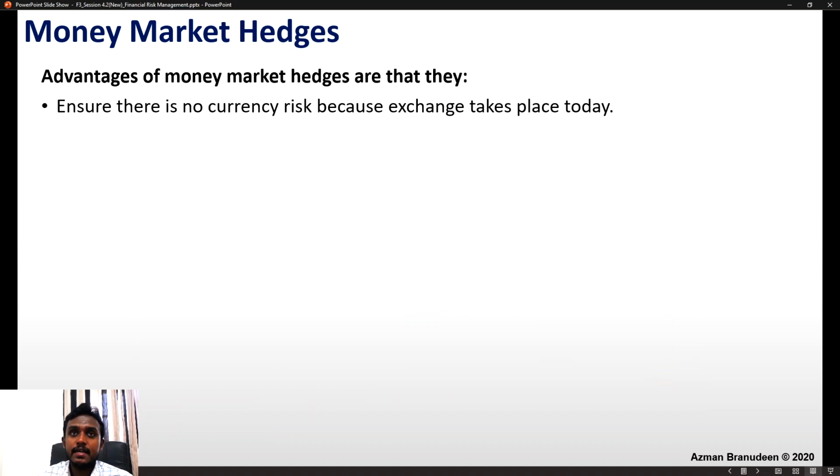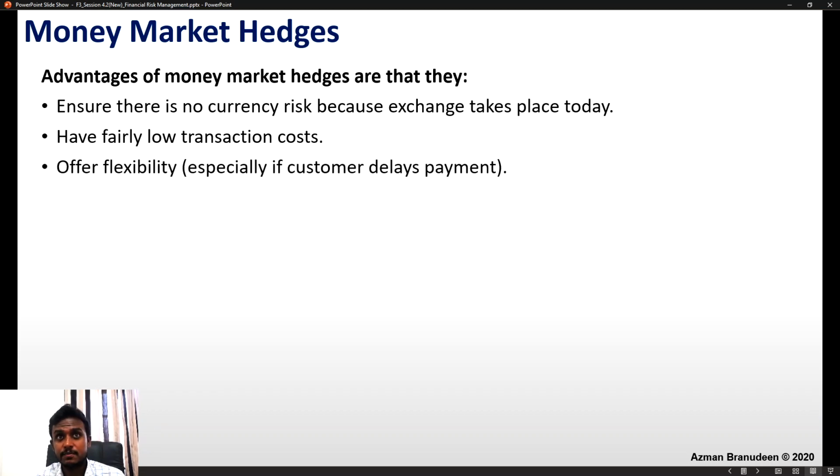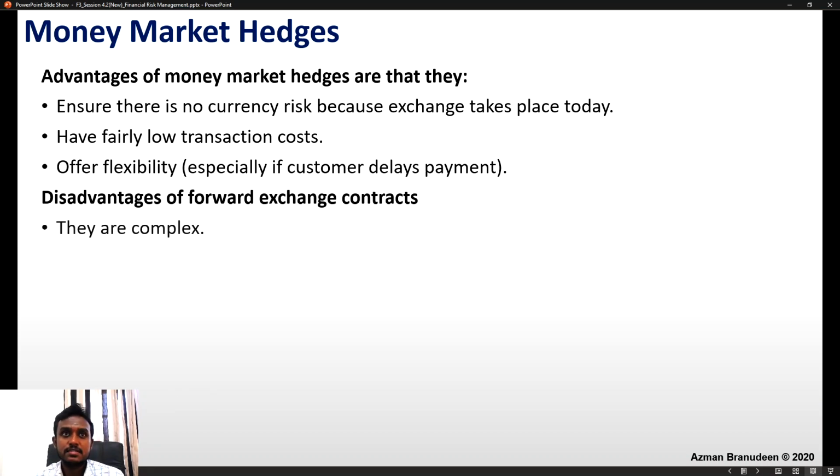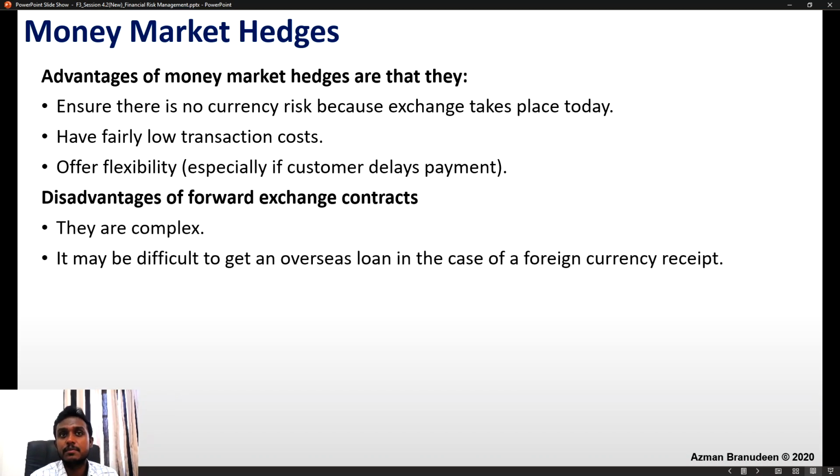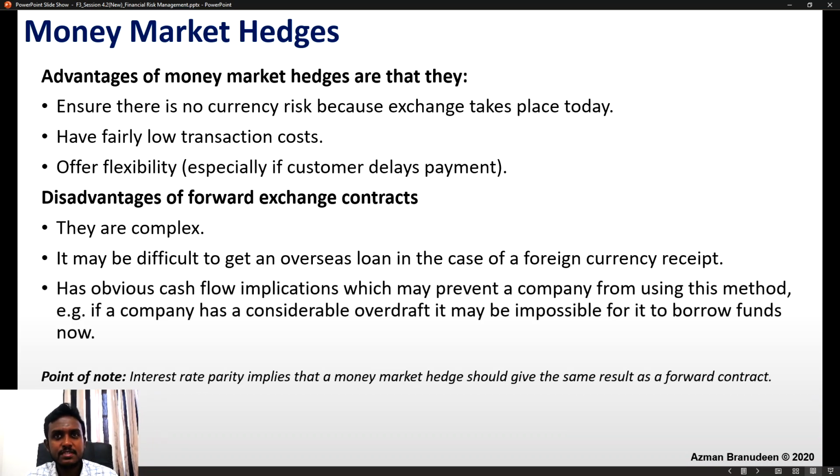Advantages: ensure there is no currency risk because the exchange takes place today, have fairly low transaction costs, offer flexibility, especially if the customer delays payment. Disadvantages: they are complex. It may be difficult to get an overseas loan in the case of a foreign currency receipt, and has obvious cash flow implications which may prevent a company from using this method.